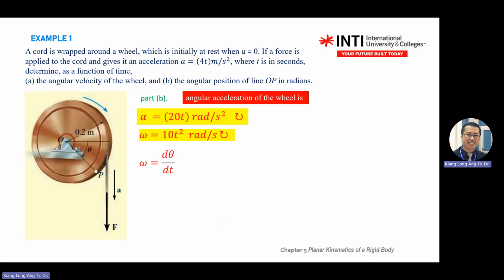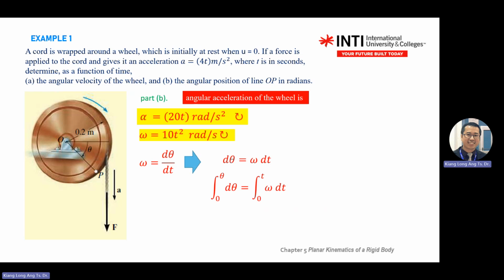The next one is also integration, because it asks for angular position. Angular position is theta. So omega equal to d theta dt. Do the same procedure for integration. You move the t cubed divided by 3.